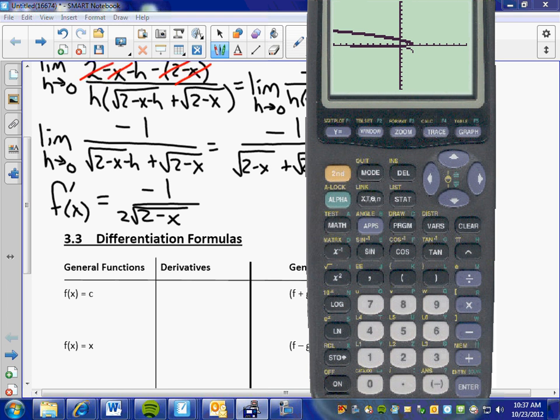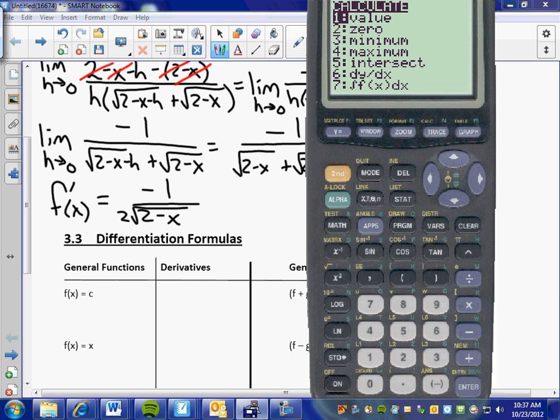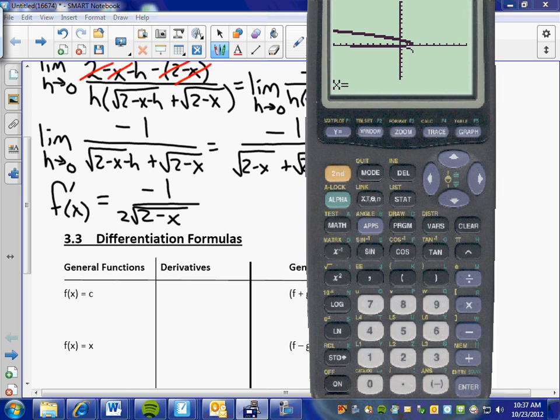Let's look at our second function. Let's calculate a value. Let's see what the derivative is at 7. Actually 7 wouldn't work. Let's choose negative 3.